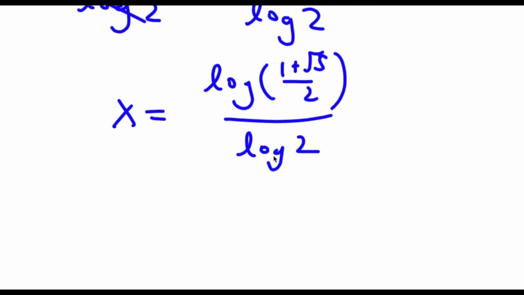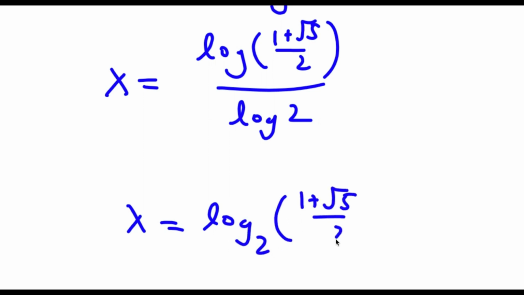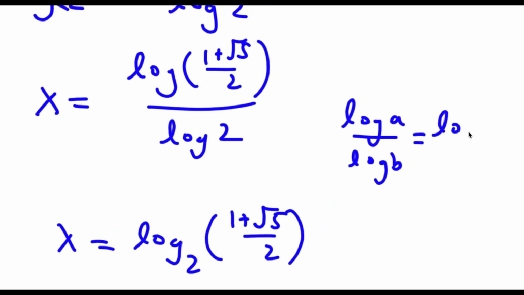So now this is the same thing as log base 2 of 1 plus the square root of 5 over 2. Because if I have something in the form log A over log B, this is simply equal to log base B of A.